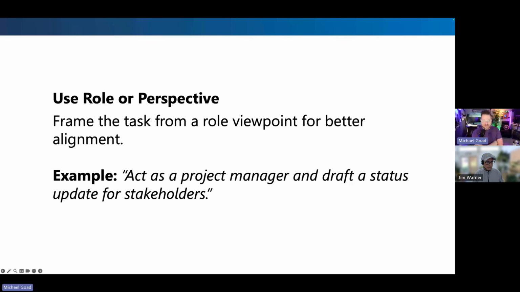I have an example from about a month ago. I was talking to a customer and they used the role perspective in a really creative way. They were at a mind block, and Copilot's really good for this. They were trying to negotiate with a vendor on one of the renewals, and they couldn't figure out how to respond and take the negotiation to the next level.